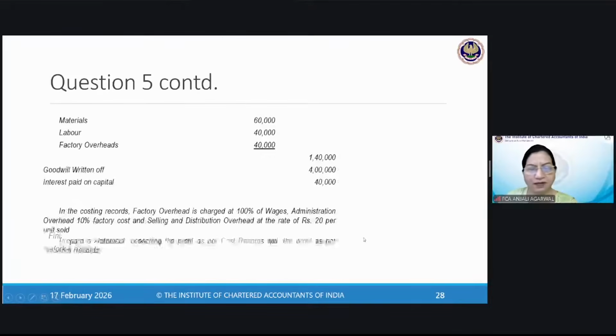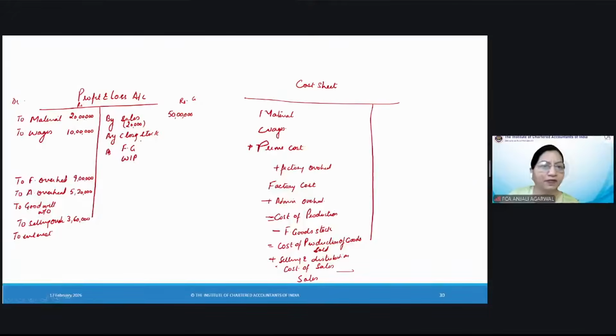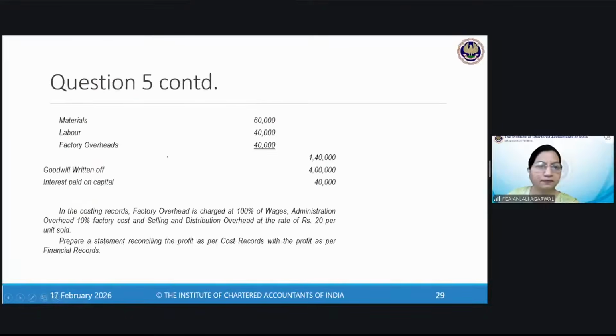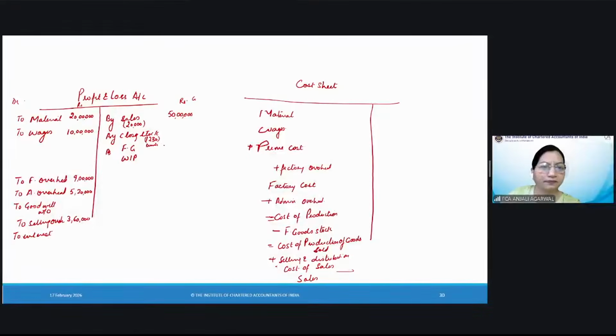Finished goods, 3 lakh, 1230 units. And WIP, 1 lakh 40,000.